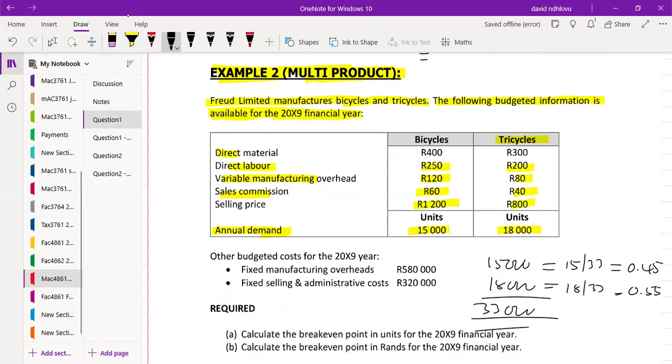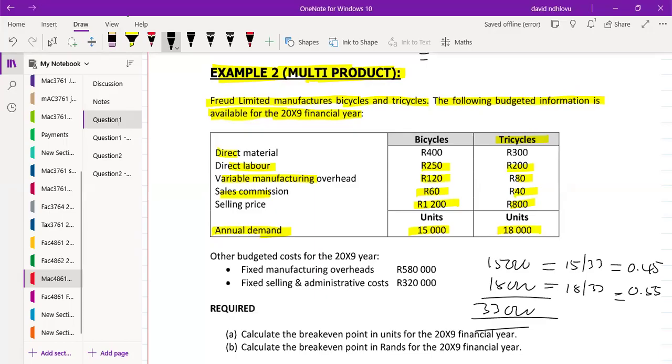So this is how our sales is mixed in the ratio of 0.45 for product B and 0.55 for product T. Every time that we sell, we are planning to maintain that sales mix. So this is the sales mix that we then use to determine the weighted contribution.